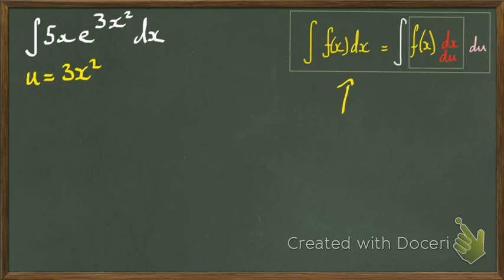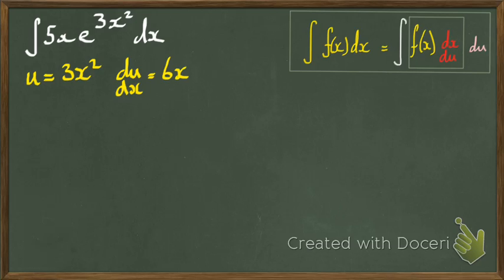I shall also be colour coding these bits to help you through. So, with no further ado, u equals 3x squared, that's the first thing, identify u, and from that we get du dx, and du dx is 6x.